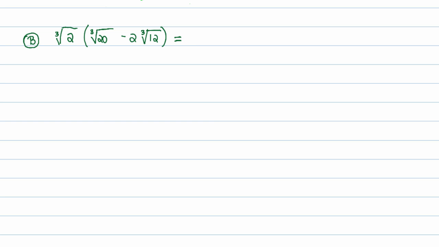So let's distribute this cube root of 2 to each of the terms inside the parentheses. To do that, we'll have the cube root of 2 times the cube root of 20 minus 2 times the cube root of 2 times the cube root of 12.